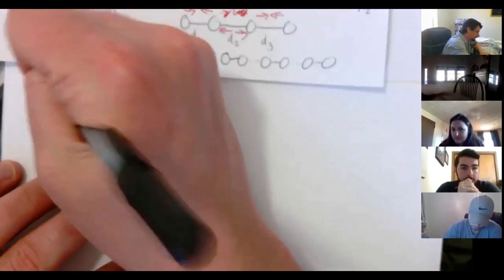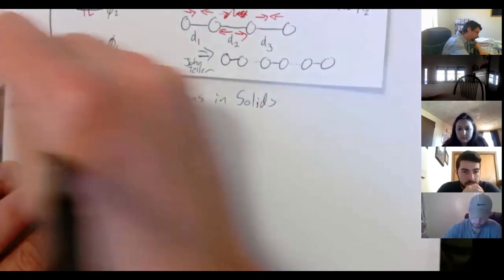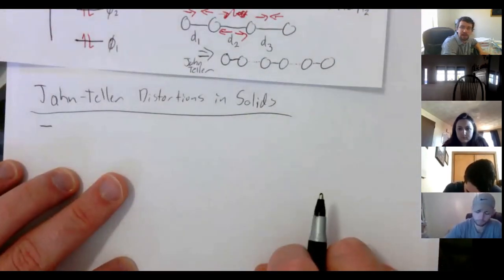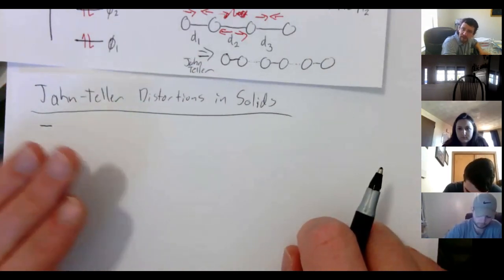So Jahn-Teller distortions or Peierls distortions in solids. The first thing is no system wants to be metallic unless it absolutely has to be.